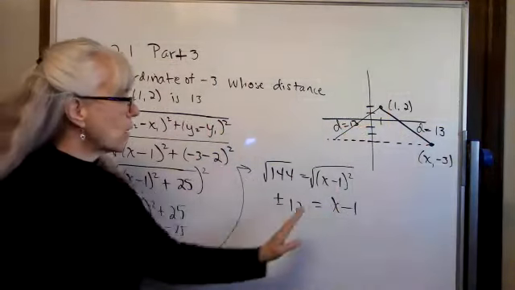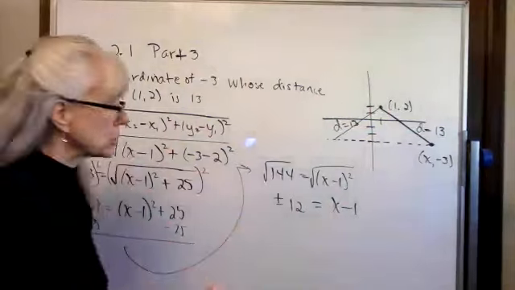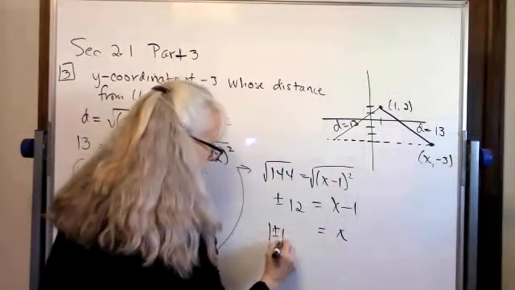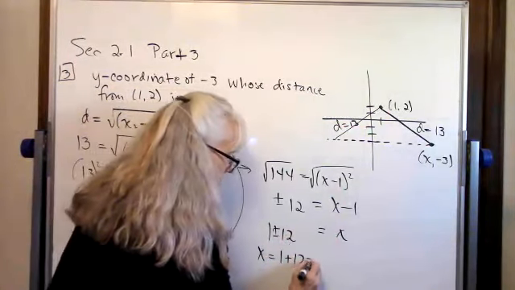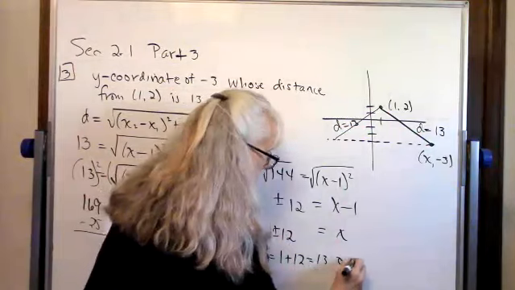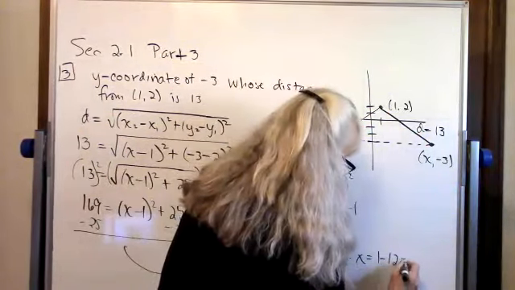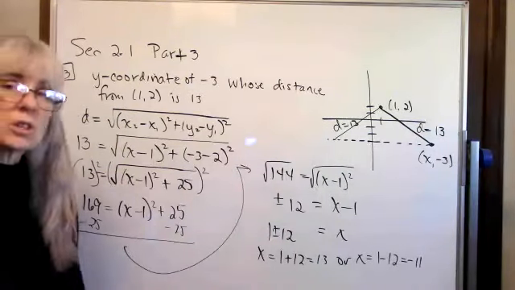We'll go ahead and move the 1. When I move the 1 over, I'm going to put it in front of the plus or minus so I can add and subtract to get my two solutions. So x is equal to 1 plus or minus 12. So x is going to be 1 plus 12, which is 13, or x is equal to 1 minus 12, which is -11. Okay, so let's make sure we understand what the solution to the problem is.